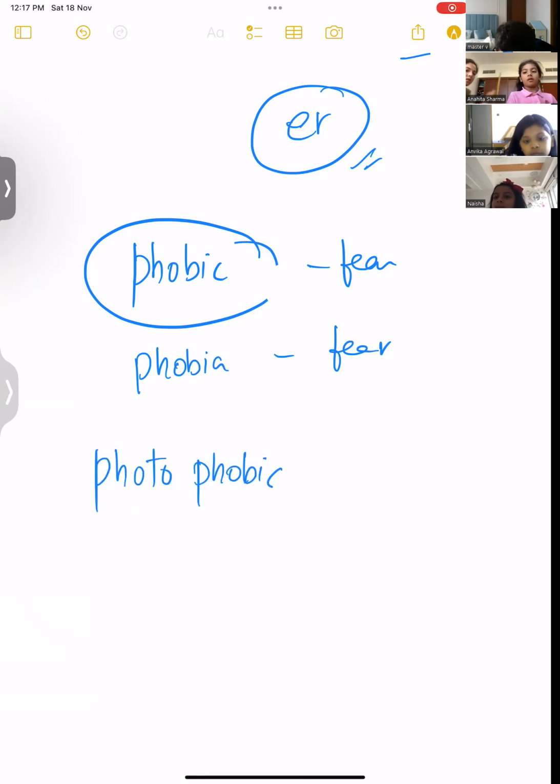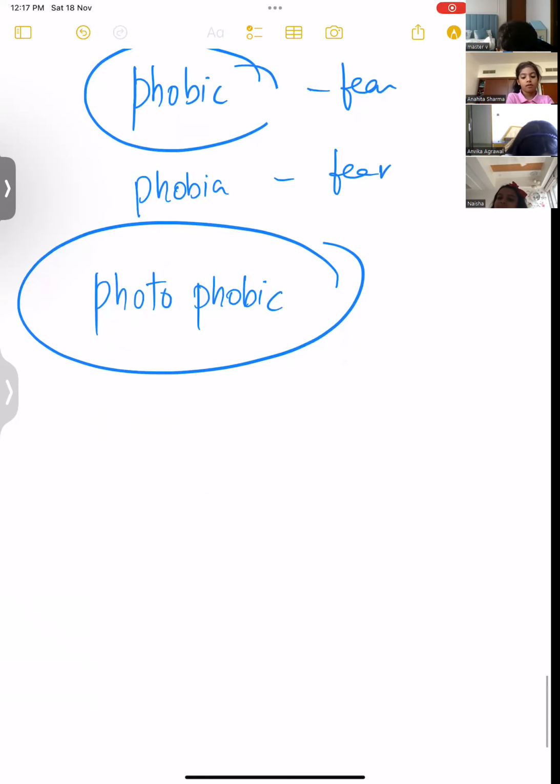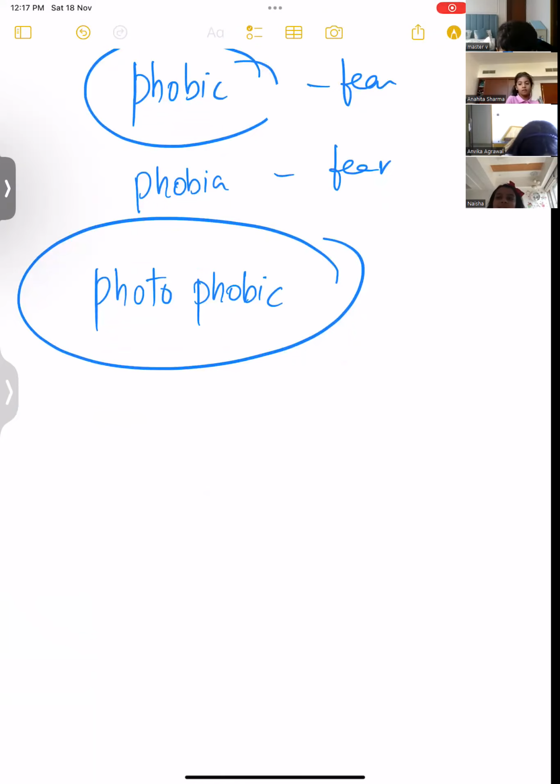Photophobic. So this person may be having fear of getting clicked. You have fear of getting clicked? Or you're just shy, Master V? Ma'am, I don't like to get photos clicked. Okay, no problem.